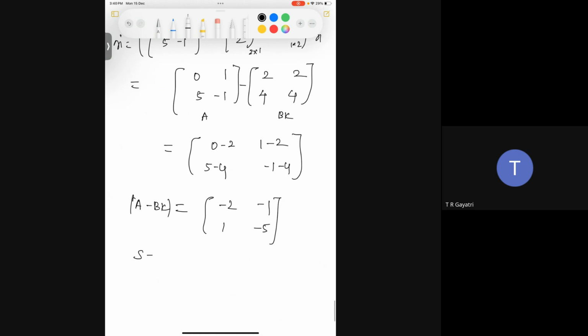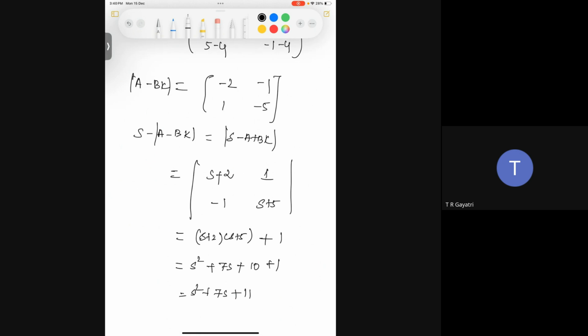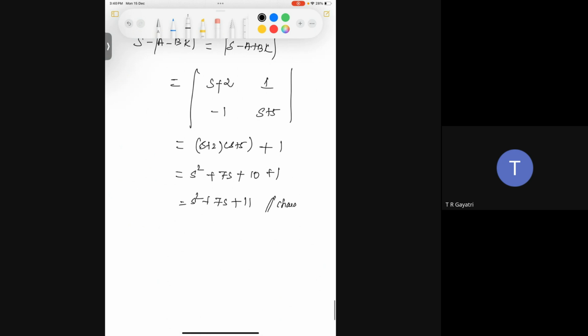Now you have to find sI minus A plus BK. So please don't confuse the terms. What it will give: s plus 2, 1, minus 1, s plus 5, right? So s plus 2 into s plus 5, minus of minus 1 plus 1: s square plus 7s plus 10 plus 1, s square plus 7s plus 11. Right, this is your characteristic equation.